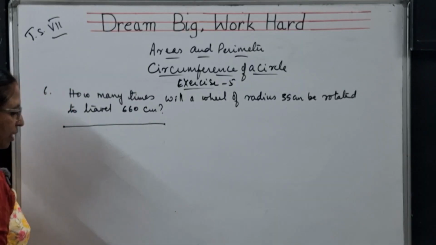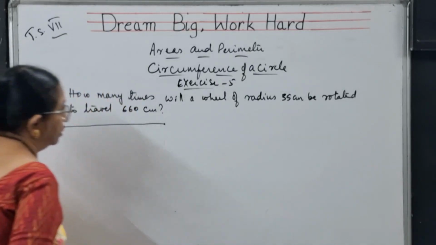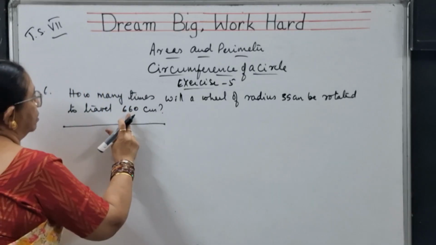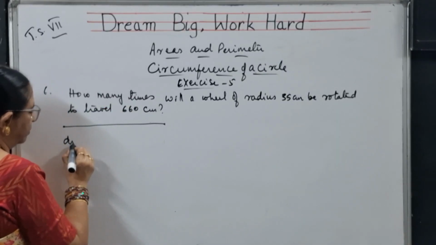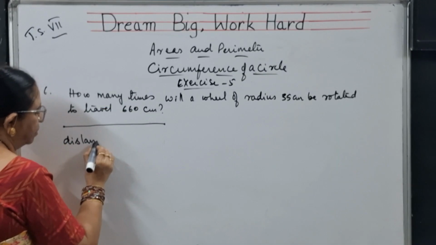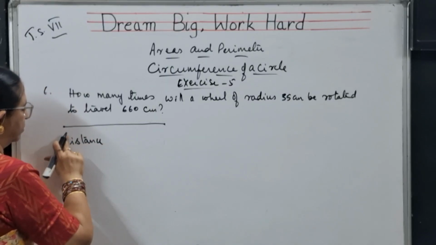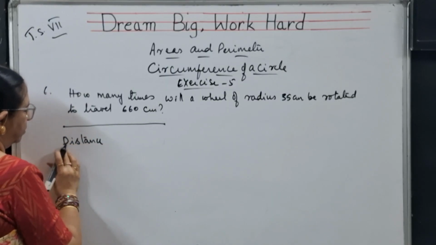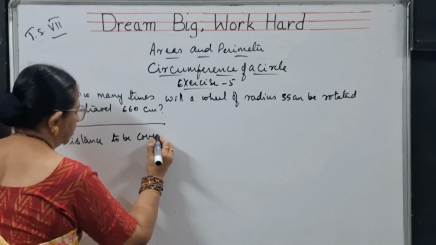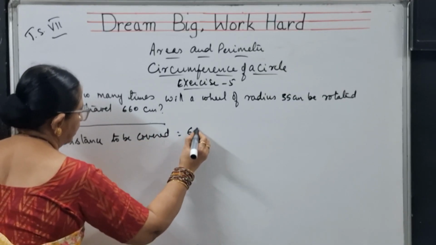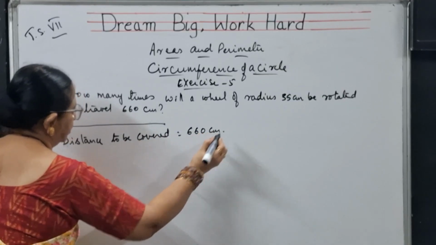So like this, a wheel is rotating to cover a distance of 660 centimeters. So what is the distance to be covered? Distance to be covered is equal to 660 centimeters.